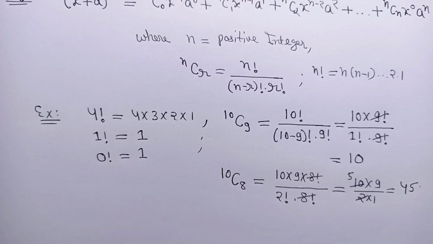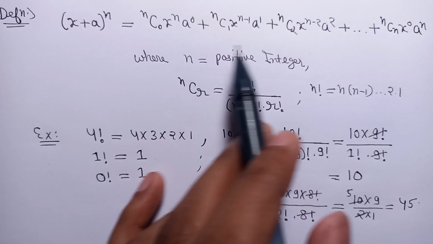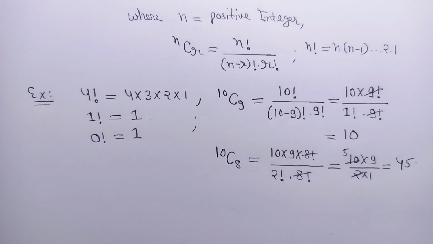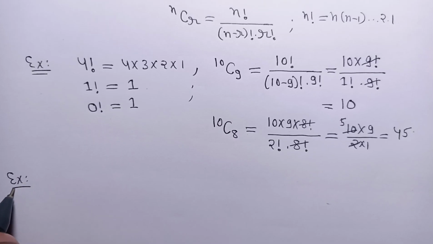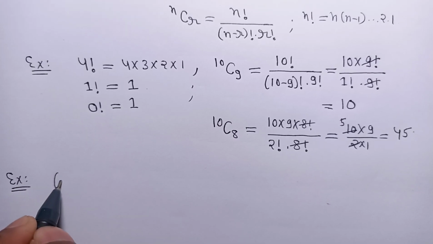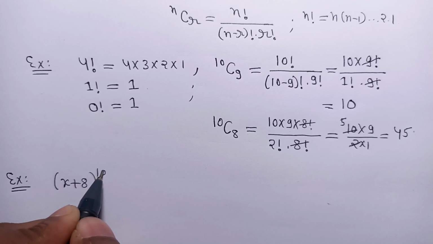Similarly, you can write this combination type, like nCr, in this expanded form. So the binomial definition is (x + a) whole power n, and you can elaborate it like this. Now take some examples. Suppose you have to write (x + 8) whole power 10.